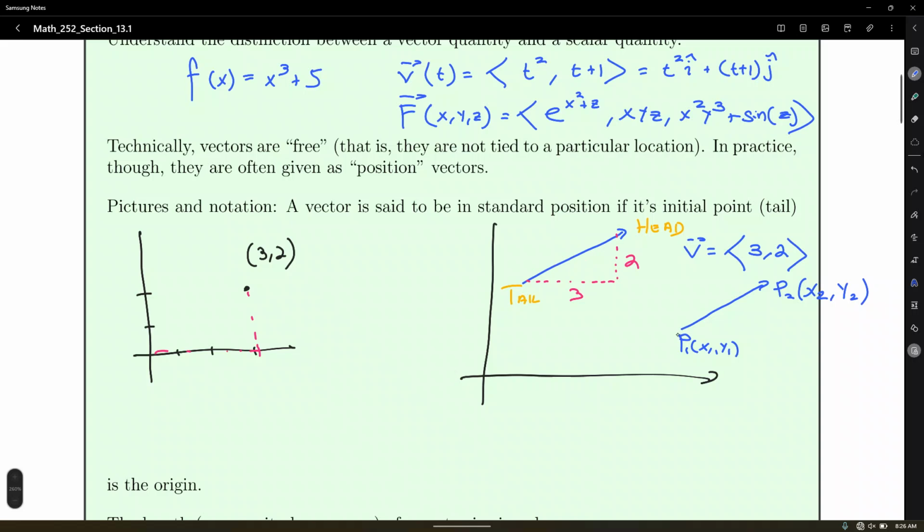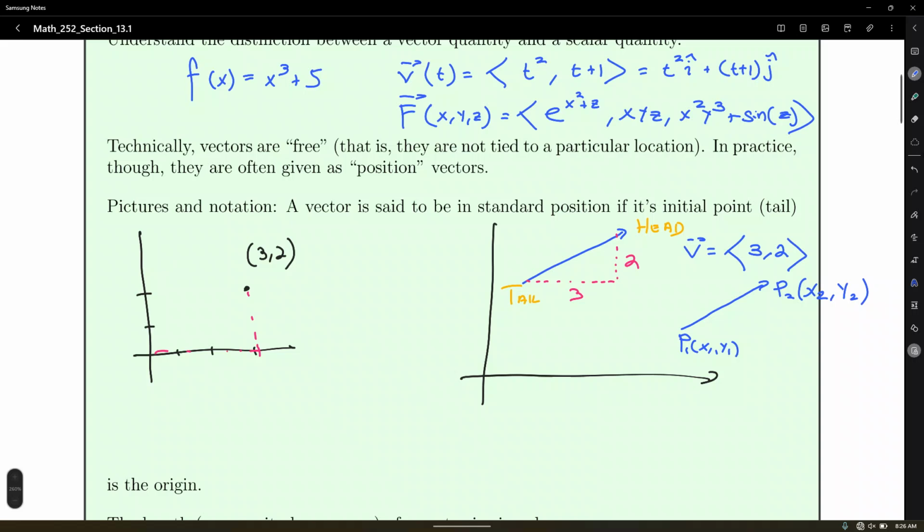If I go from another point, it's going to be the same force or the same velocity. So that's why we call them free quantities, because they're not tied to a particular point, as opposed to ordered pairs. As I mentioned before, the point 3 comma 2 is just 3 comma 2. I cannot move the 3 comma 2 to here because that's now 1 comma 4, right? So that's not the same.